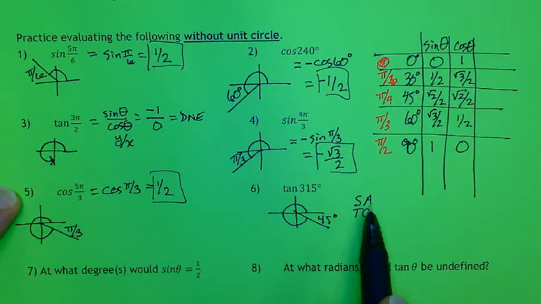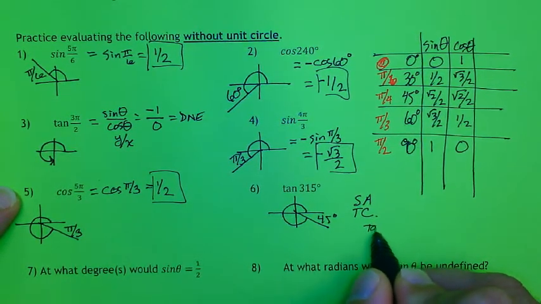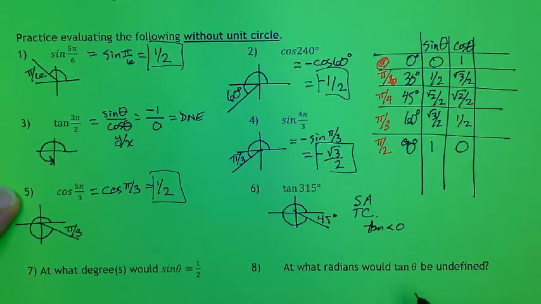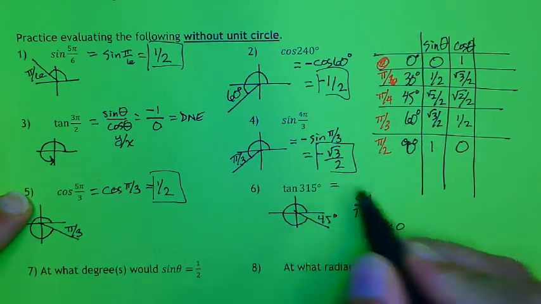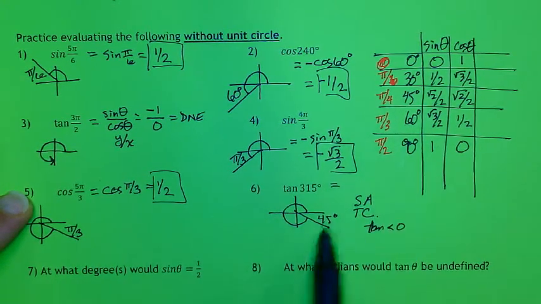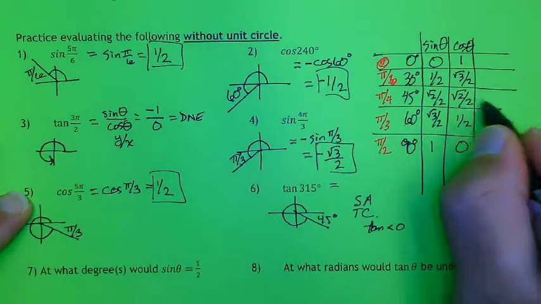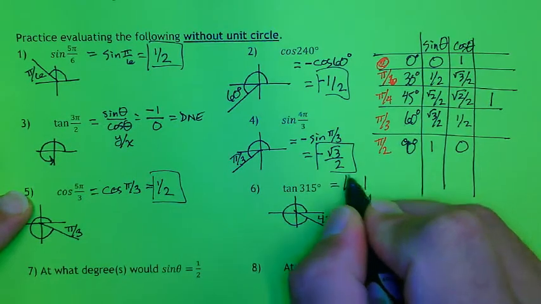We know that in this quadrant the tangent is negative. So I can say, okay, 45 degrees, here I am. What's the tangent ratio? This divided by this, which is 1. But in that quadrant, negative 1.